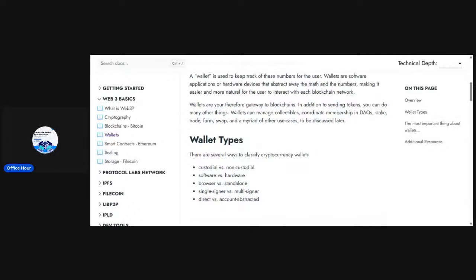I think custodian, not custodian like Binance, centralized finance. I think you guys are mixing. So they are custody.